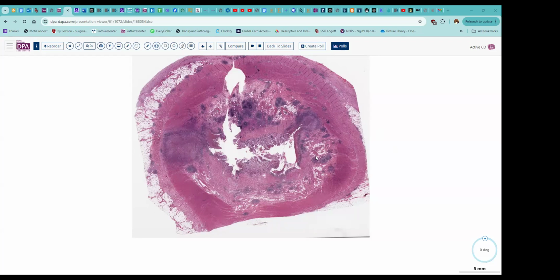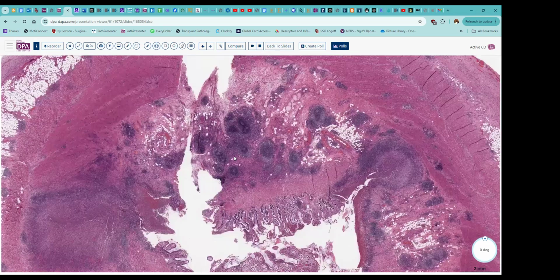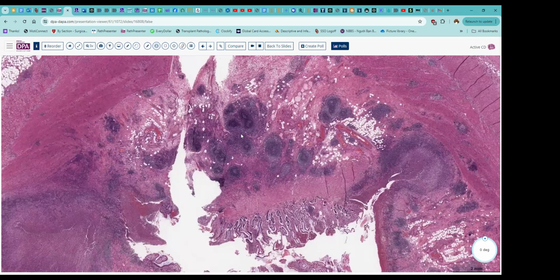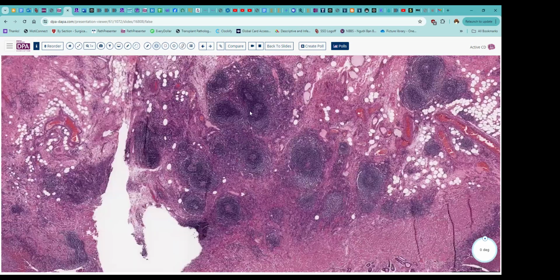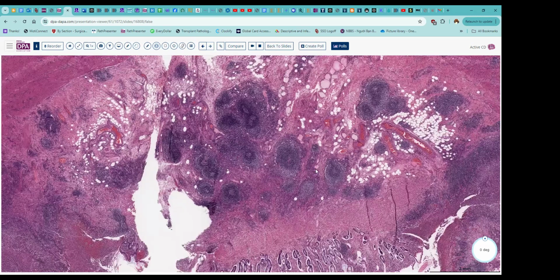I don't think it usually enters into the differential with inflammatory bowel disease per se, but it certainly can produce some symptoms that would be similar. In general, as we've seen here, many of these inflammatory bowel disease lesions will have small germinal centers in some of these lymphoid follicles. Or you may find the granulomas that we saw earlier.